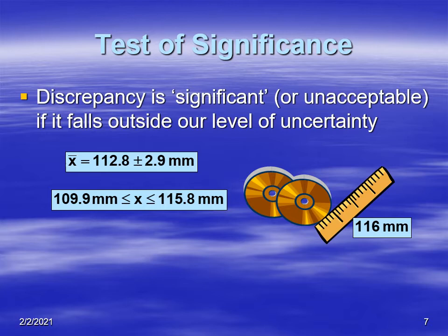The discrepancy is significant, or not acceptable, if it falls outside our level of uncertainty. If we say our level of uncertainty is one standard deviation, we calculated that to be 2.9 millimeters. So yes, a measurement of 116 falls outside of that range.